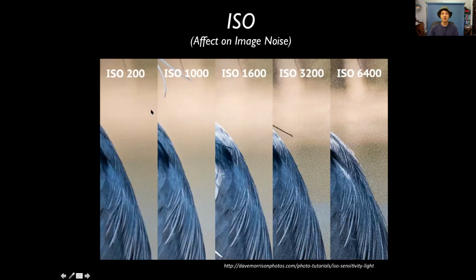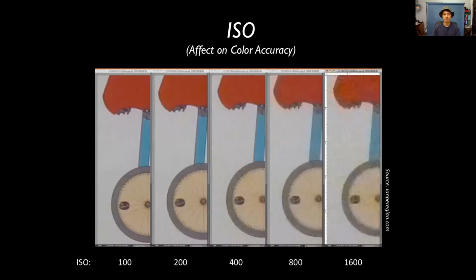But you can see one of the things that happens is that noise becomes more apparent in the image when we're zoomed in up close. This also is going to affect color accuracy, although it's a little more subtle. The more noise you have, it's not only luminance noise, but it's also color noise. And although we have a lot of good software that can help correct for this, it is something that factors in.